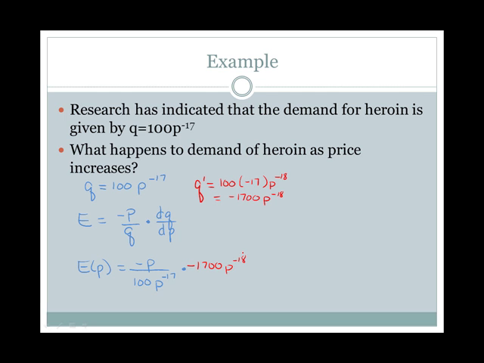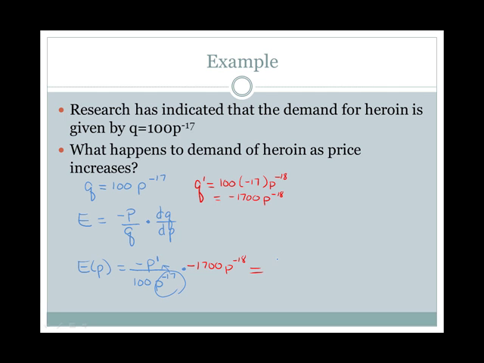And so what we're getting ready to do is talk about what's going to happen to the demand of heroin if the price increases. Okay, so what's going to happen to the demand of heroin? And so let's clean this up. Let's get all the P's so they have positive values. So I'm going to move this up and put it with this one.